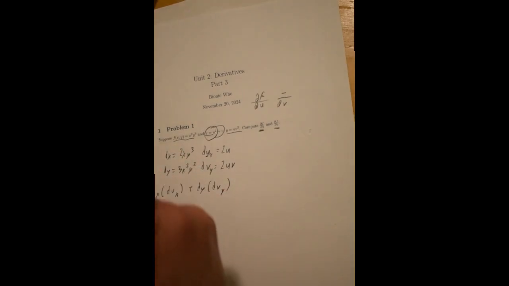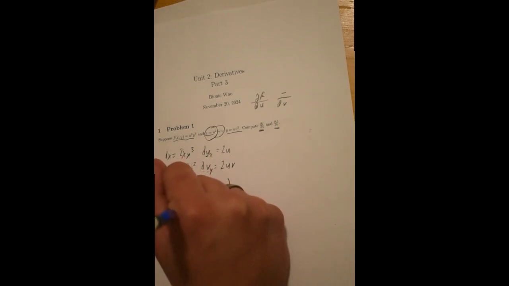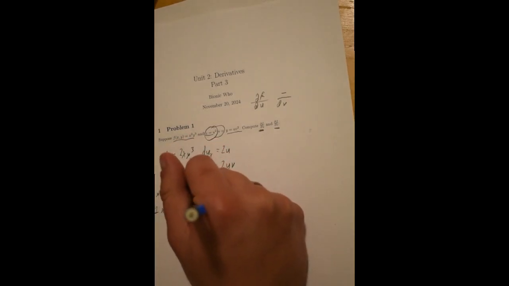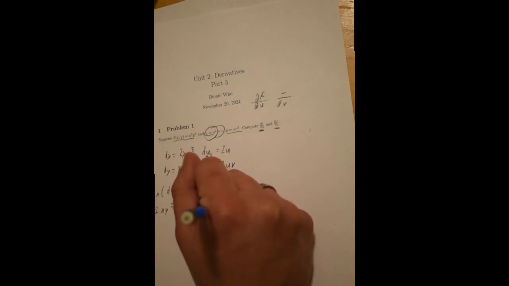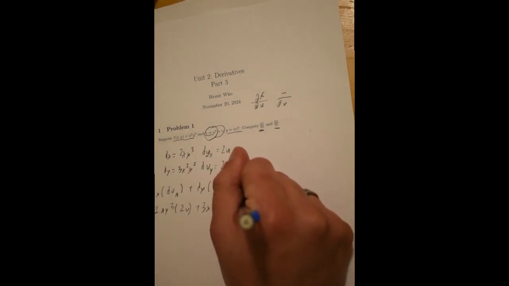And this actually looks really simple. We just go ahead and write that as 2xy cubed times 2u plus 3x squared y squared times 2uv.